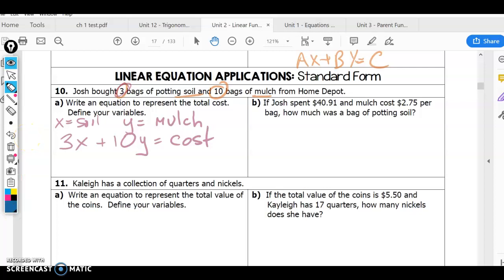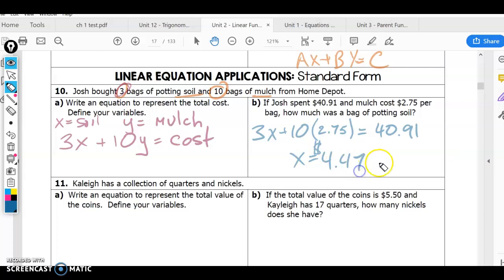Substituting each thing that we know, 3 times x, we don't know the soil price, plus 10 bags of mulch costing $2.75 per bag is going to equal the total cost spent, which is $40.91. Try then solving for x, see what you get. You should have gotten the amount per bag of soil to be $4.47.